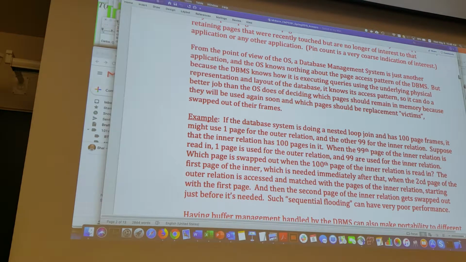So in particular, as an example of picking victims, and this is an example that we even talked about twice, including one or two lectures before the midterm.